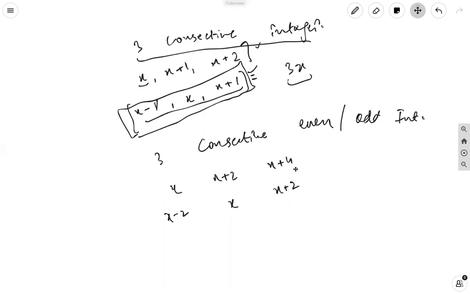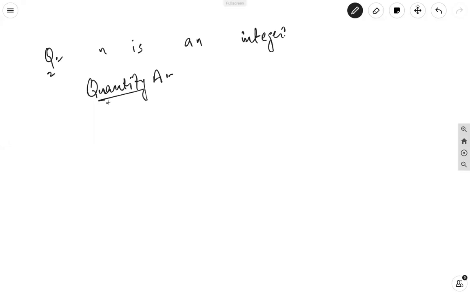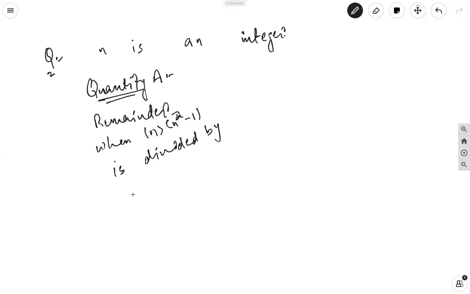Okay, so let's solve a very basic question. The question is, n is an integer. Quantity A is, this is a quantity comparison question. Quantity A is saying the remainder when n into n square minus 1 is divided by 6.